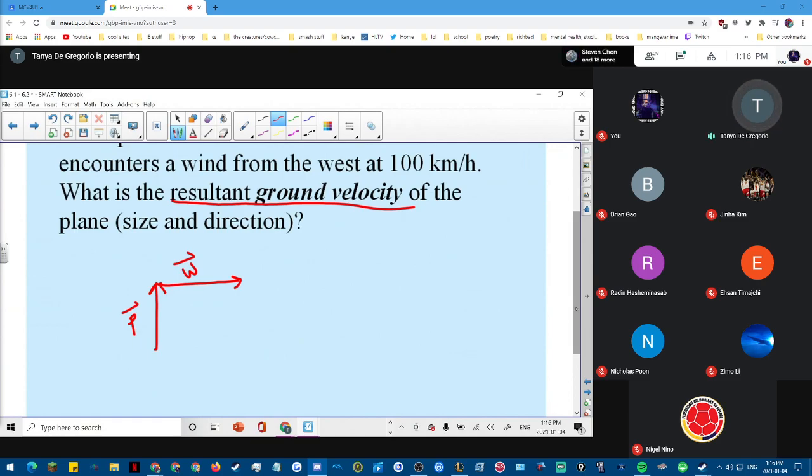What you should realize is that we have formed a right angle triangle. That's my resultant vector, and so I use R. So here's my right angle triangle, which is simple enough. I know the magnitude of the plane. It's 100. Oh, excuse me, it's 500.